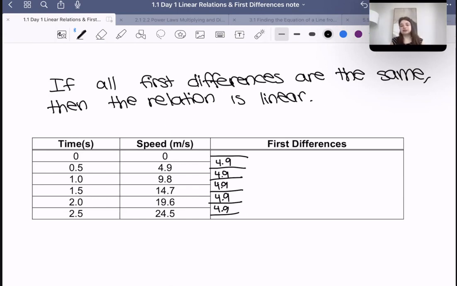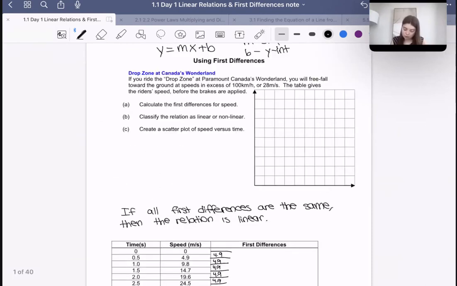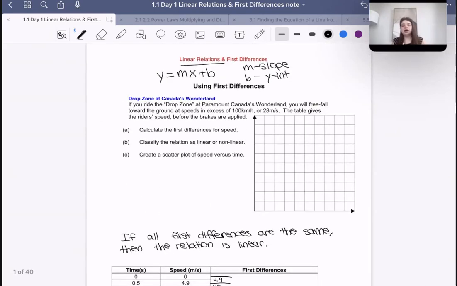The relation is linear. It means that if we put it on a graph, it would be a line. Now, how do we know that it would be a line? Well, if the first differences are the same, that tells us that the slope is the same, right? And if the slope is the same all throughout a relation, then that's an indicator that it must be a line.